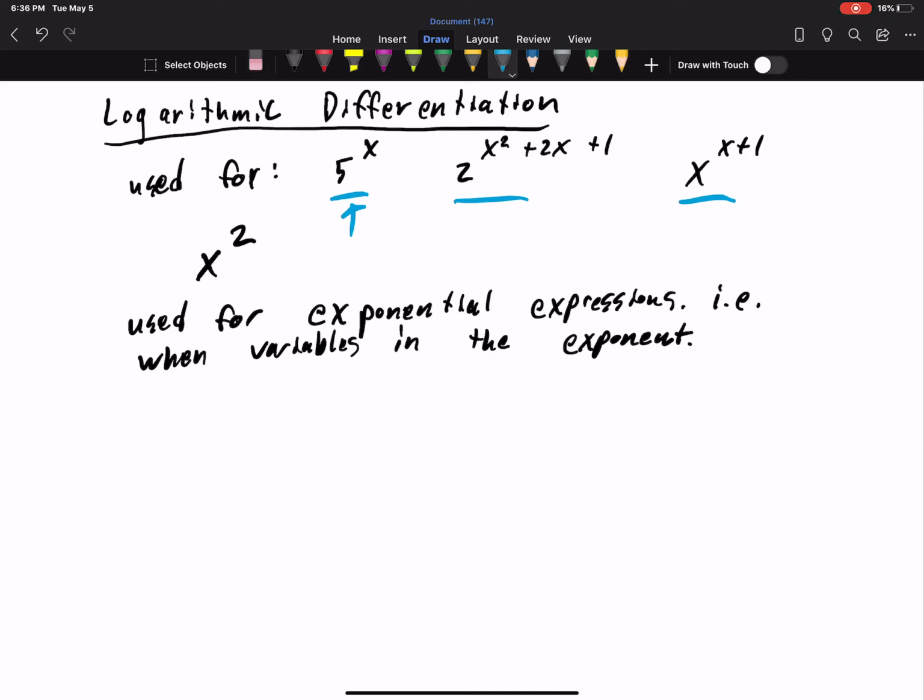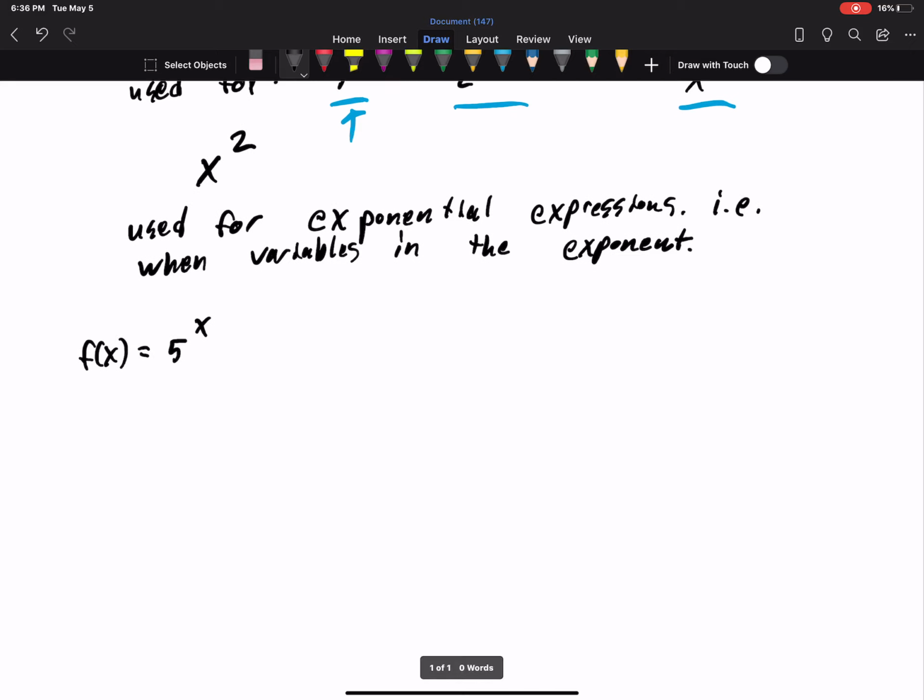Let's take a look at f of x is equal to 5 to the x. What we're going to do is set this equal to y, because a function gives you y values, right? Then what we're going to do is interesting. We're going to take logs of both sides.